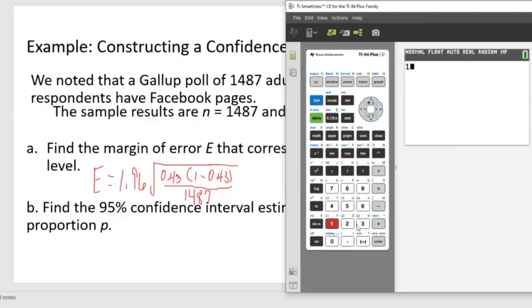I'm going to bring up my calculator and put all that in at once. So first of all, 1.96, and then the square root, which is second x squared. Then within the square root, I'm going to put a fraction, and that will be 0.43, and then 1 minus that value, over n.